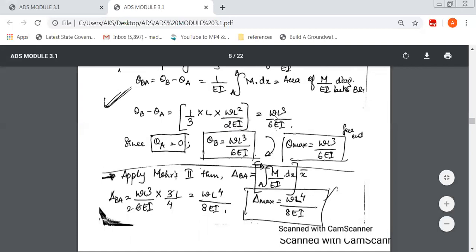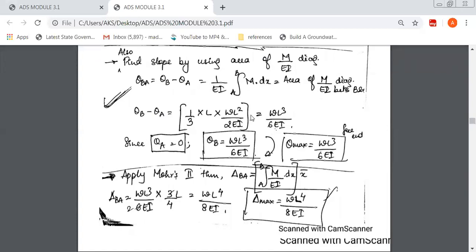When you solve this, you'll get WL cube by 6EI. Here theta B is unknown, and theta A comes to 0 because it's a fixed support. So we directly get the value of theta B, that is WL cube by 6EI, and theta B is the maximum slope here.